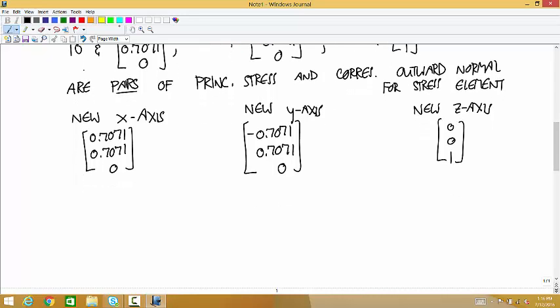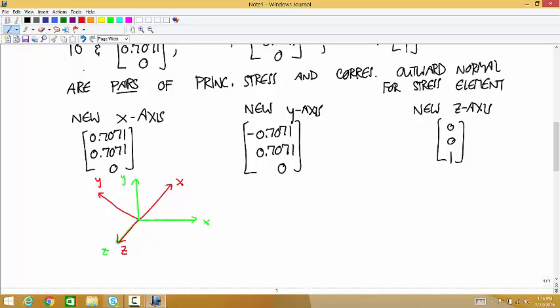And so now, if our old coordinate system is this, our new coordinate system has x this way, y this way, and z still this way.